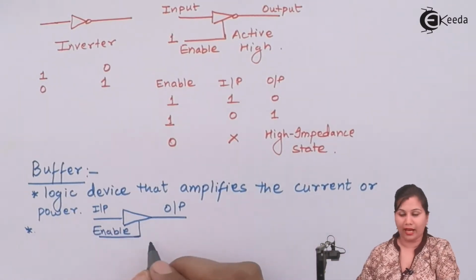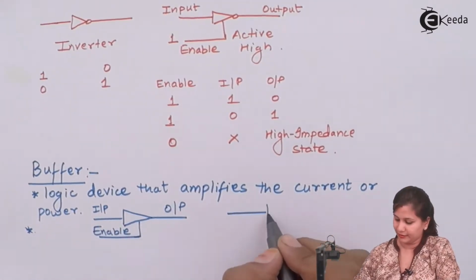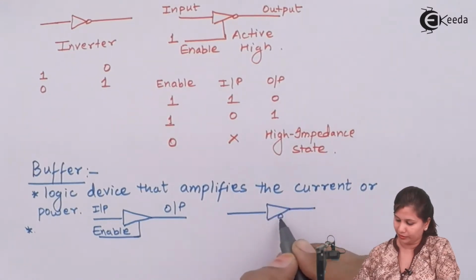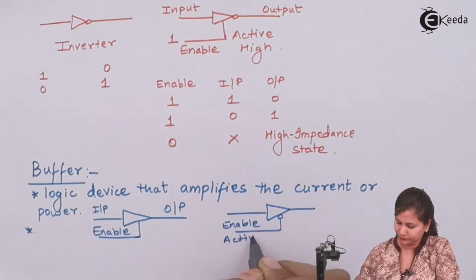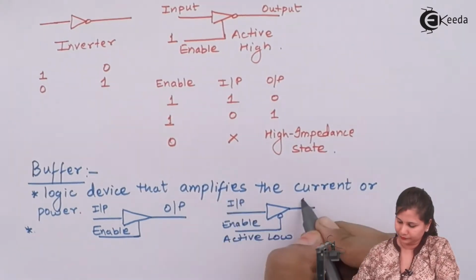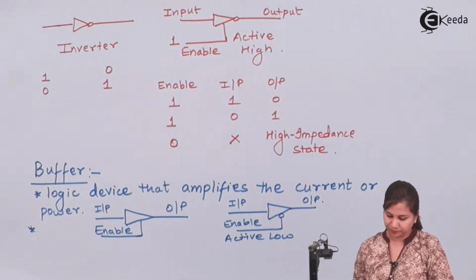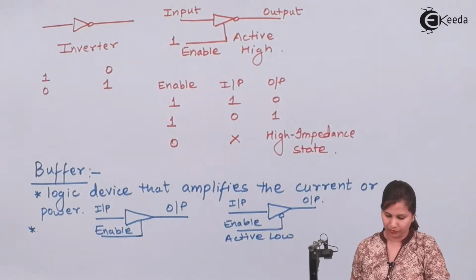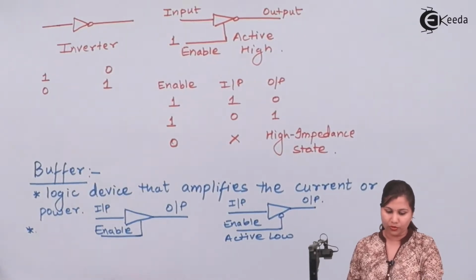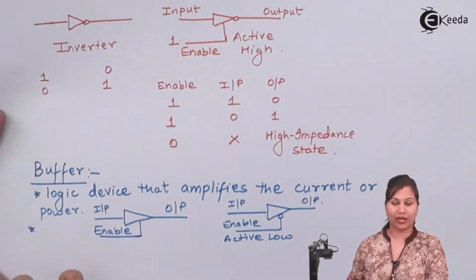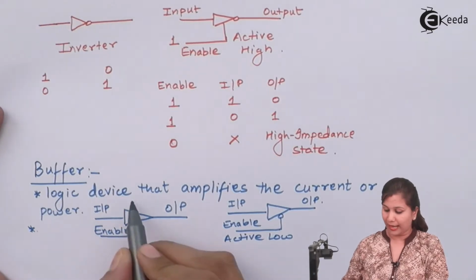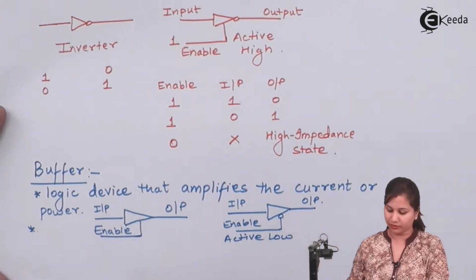This is active high, and if it is active low, then we have a bubble here. So these buffers act as a driver because they are amplifying the current or the power.